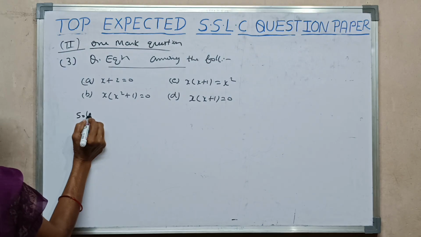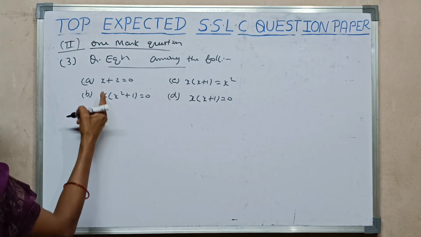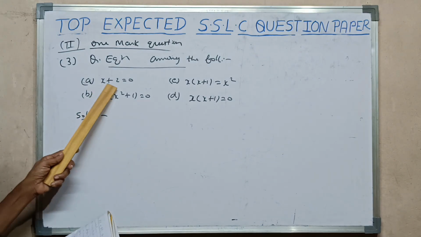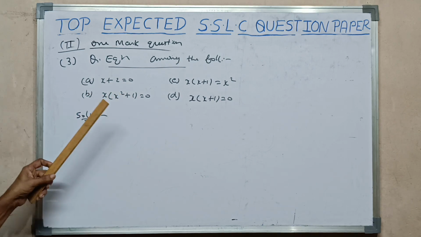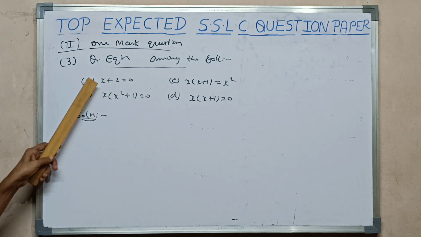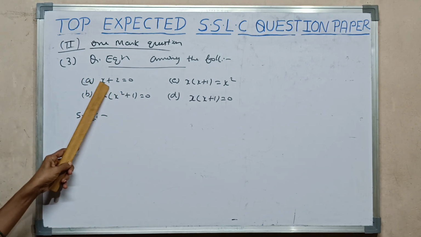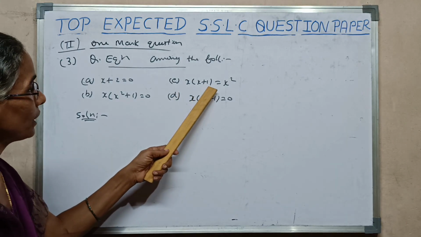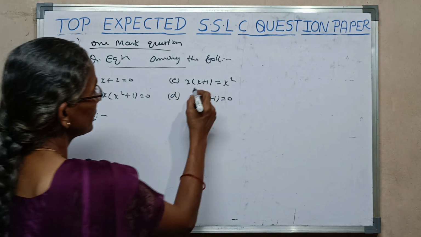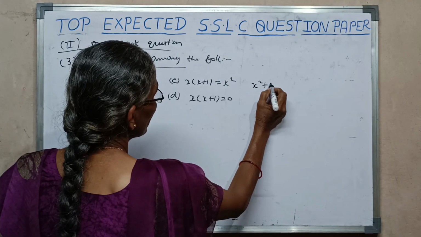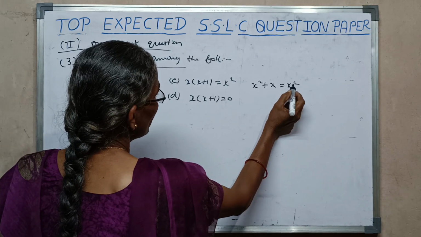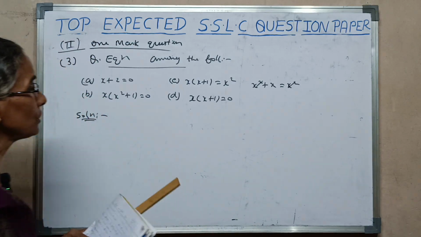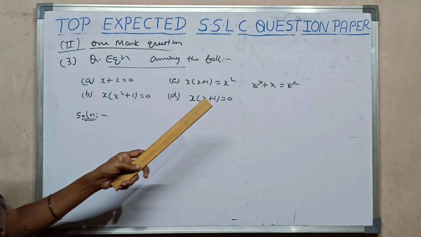So the answer: in the first equation x plus 2 equals 0, here x power is 1, so it is a linear polynomial. In the second equation, x into x square is x cube plus 1, so this is a cubic polynomial. In the third, x into x plus 1 is x square plus x equal to x square; x square, x square cancels. So the third answer is not the solution.